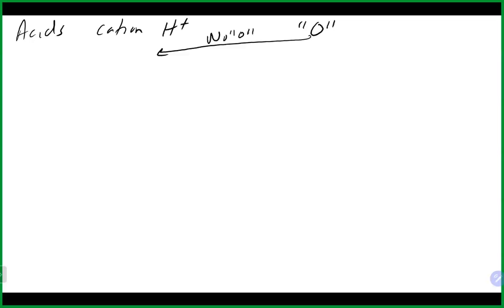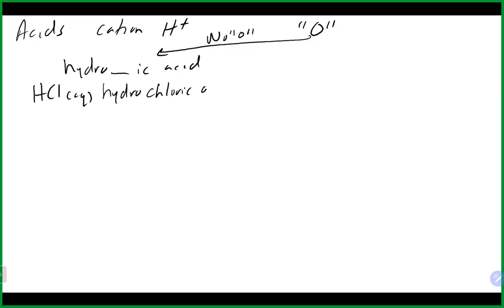If there is no oxygen involved in the formula, the acid is hydro something ic acid, like HCl. That has no oxygen, so that would be hydrochloric acid. The negative ion is the missing part of that name.